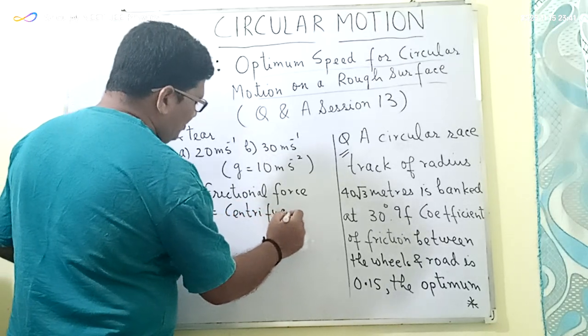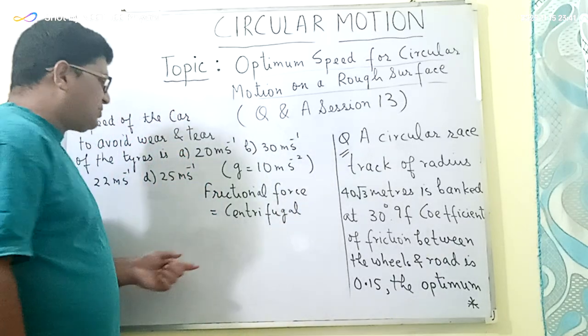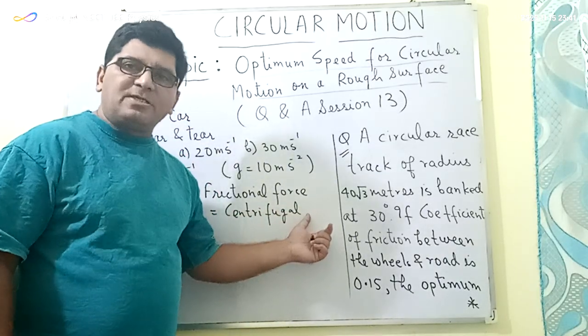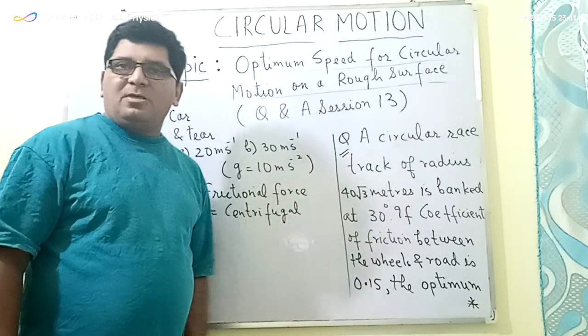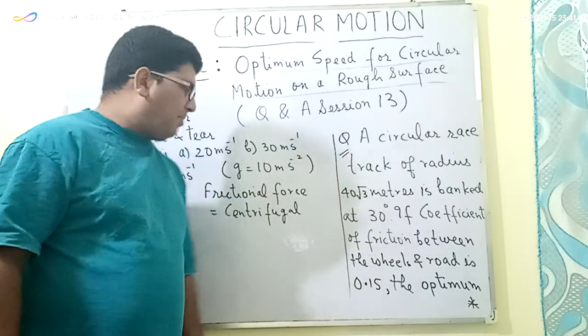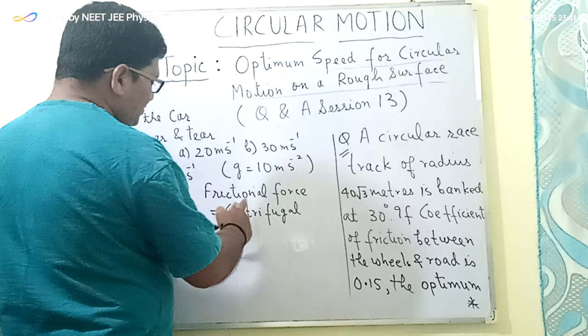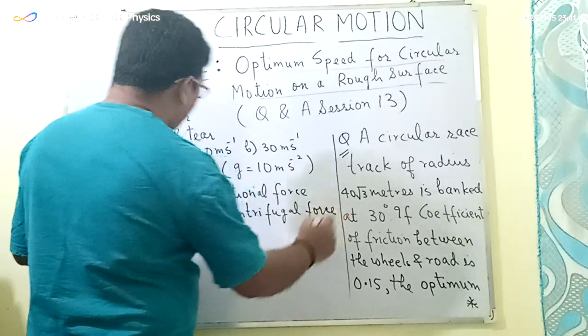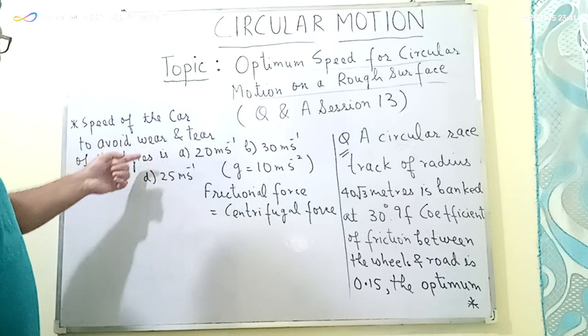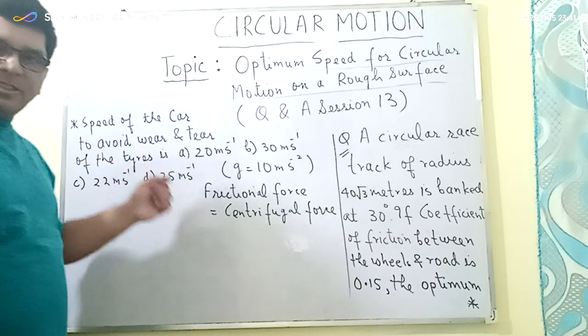Here the frictional force is the force which provides the necessary centripetal force to move this racing car in a circular path. So the frictional force should be equal to the centrifugal force in order to avoid the wear and tear of the tires.